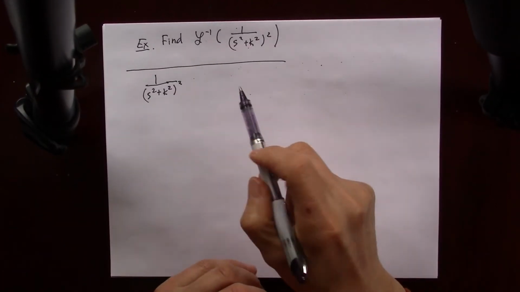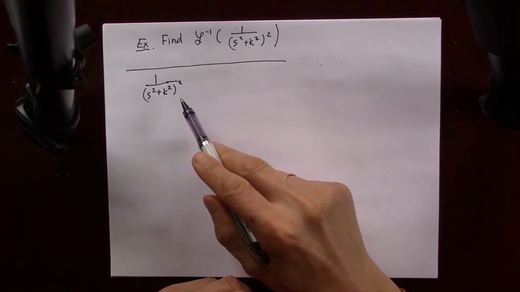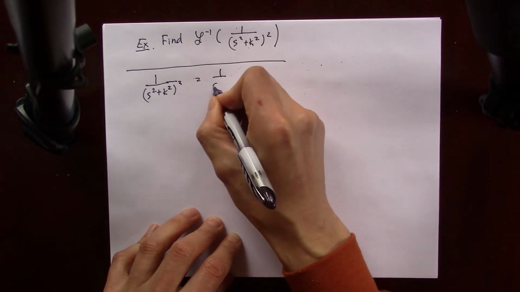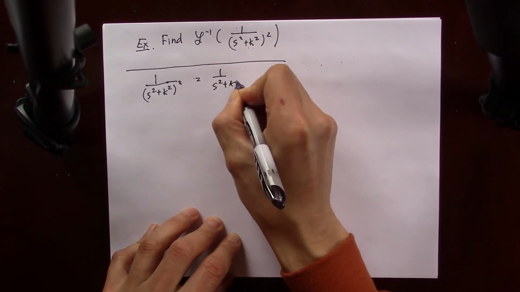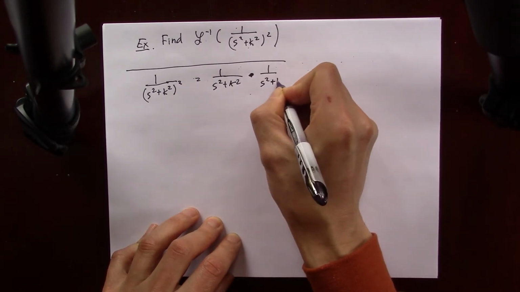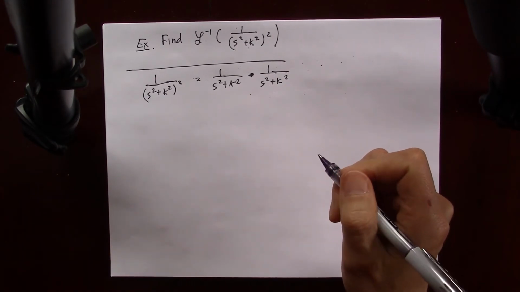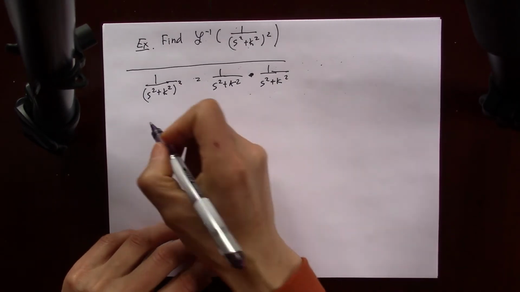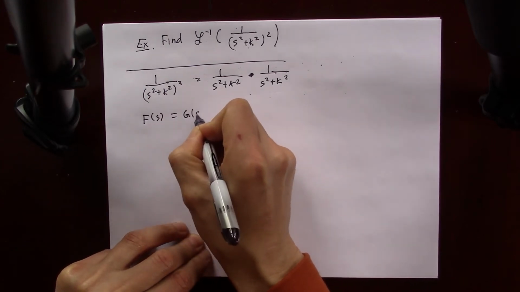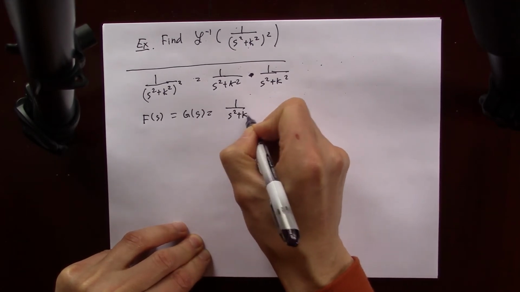Next example, we want to find Laplace inverse of 1 over s squared plus k squared, squared. So 1 over s squared plus k squared, squared equals 1 over s squared plus k squared times 1 over s squared plus k squared. That implies that in our case capital F of s equals capital G of s equals 1 over s squared plus k squared.